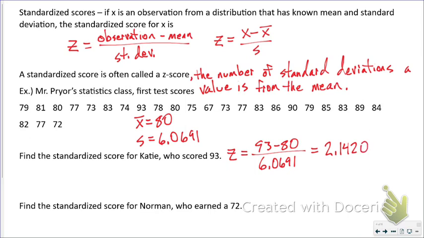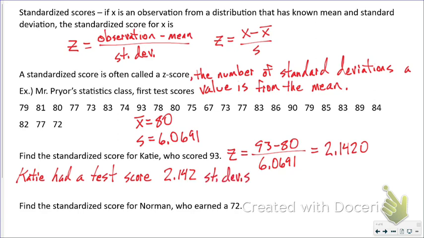So we would interpret this as Katie had a test score 2.142 standard deviations above the mean.